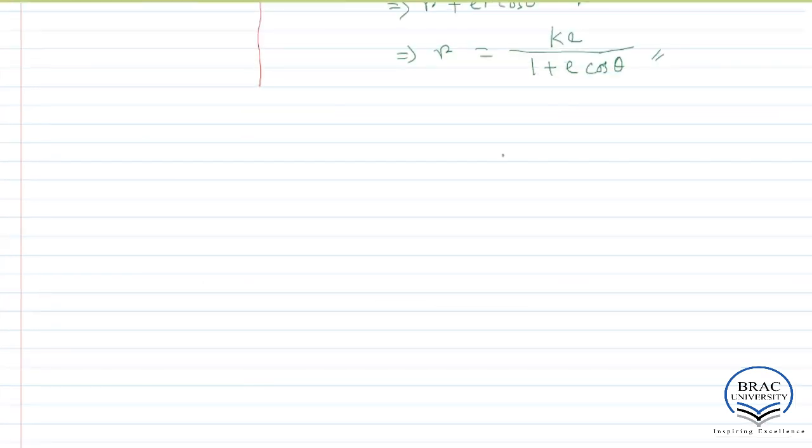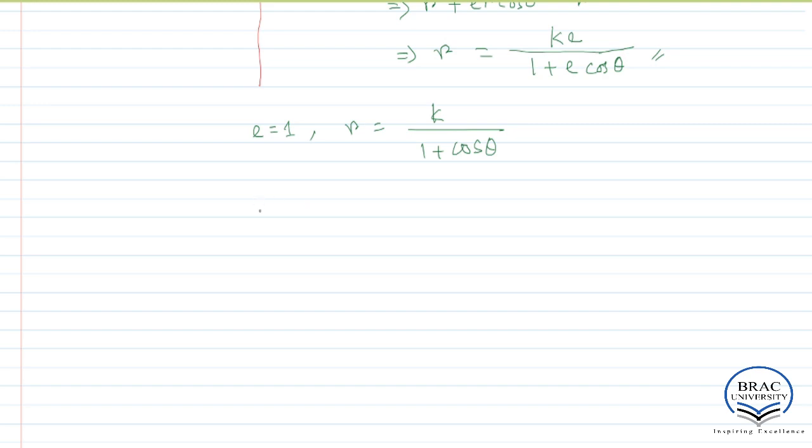We can write the equation of a parabola, ellipse or hyperbola from this general equation using the specific value of the eccentricity. As we know, for a parabola the eccentricity must be equal to 1. So for a parabola this equation becomes r equals K divided by 1 plus cosine of theta.